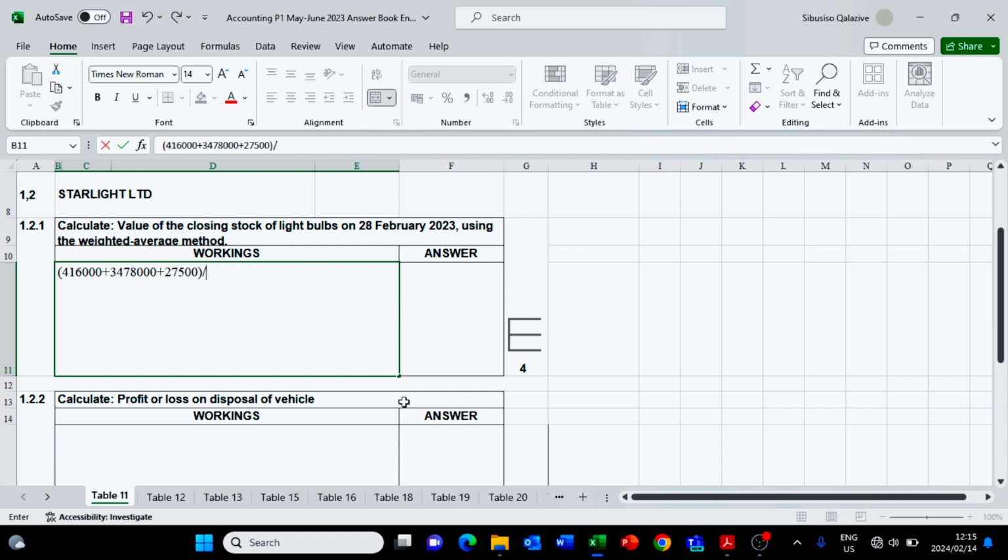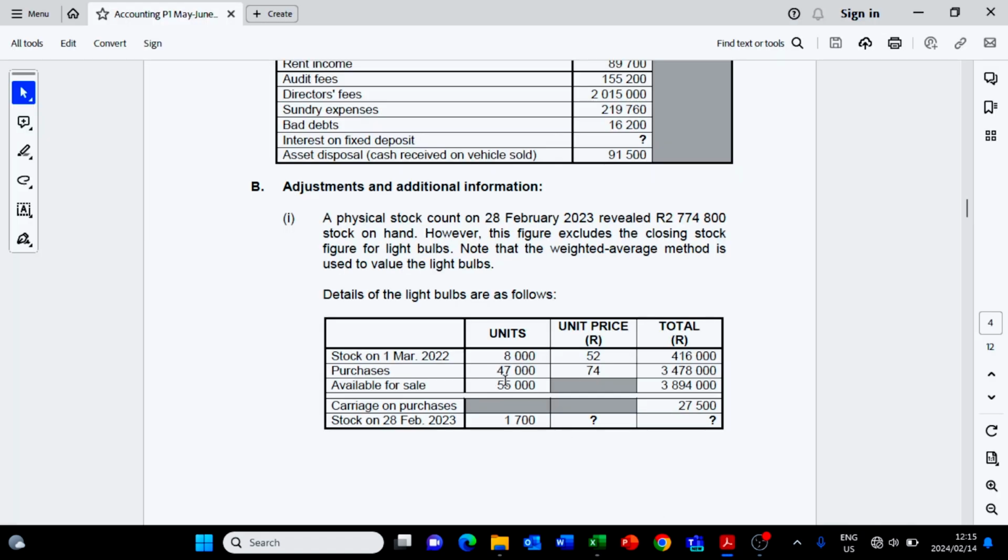Let me explain this quickly before I move forward. This 3 million, let me go to the question paper. This 3,894,000 and this 55,000, we are not going to take it. This is the total of these two and these two, so it's 8,000 plus 47,000, which equals 55,000.